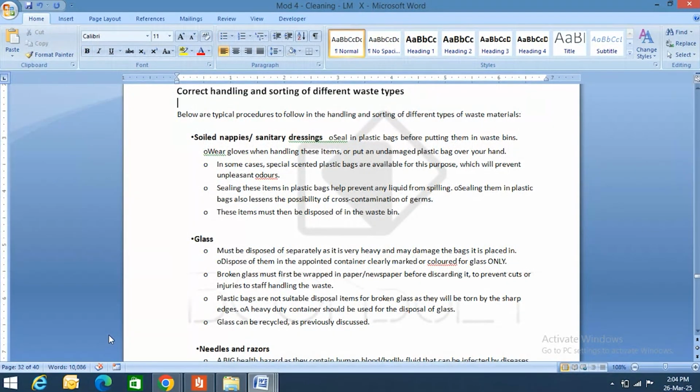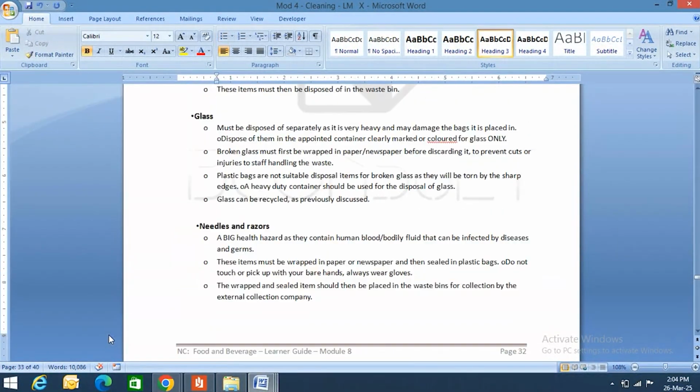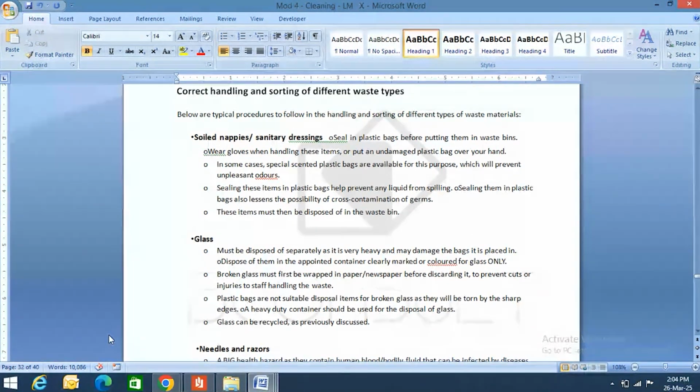There you go. From page number 32, guys. Handling and sorting from page number 32.